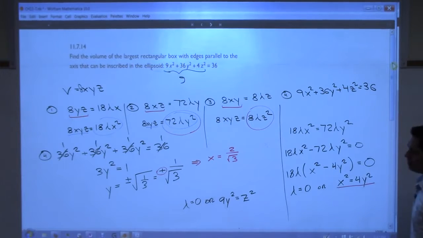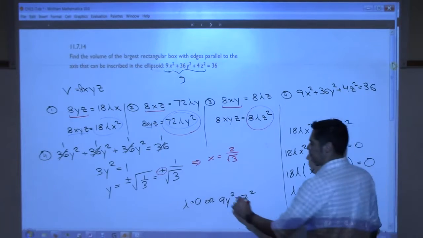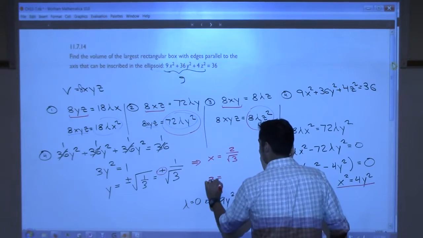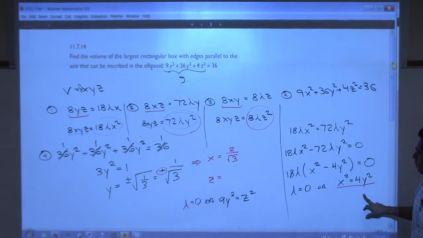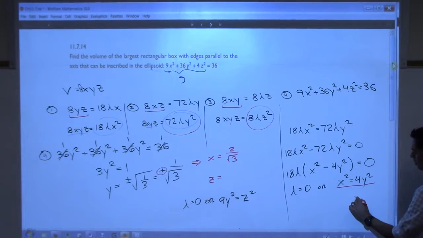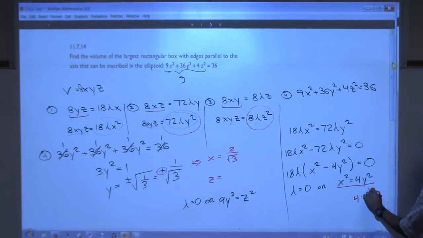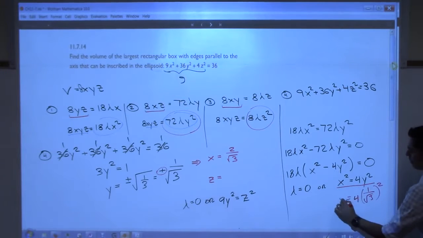And finally, you could get z. What would z be? If you square that, wouldn't that be just 3 on the bottom? Well, hold on, because what we're doing is we're going 4, and then what's y? It's 1 over root 3? But then you're squaring it, right? That's what x squared is.